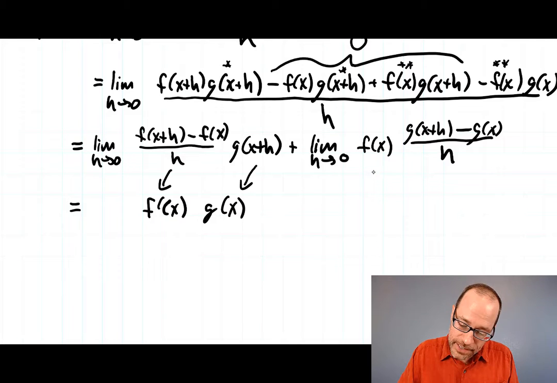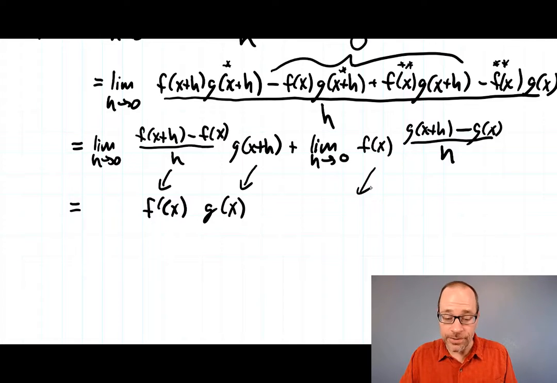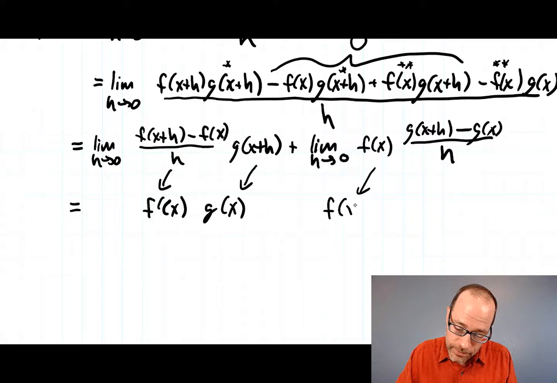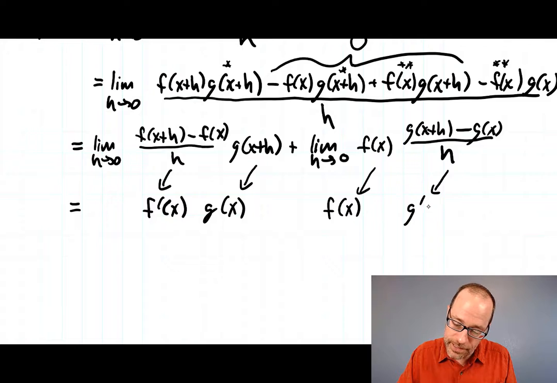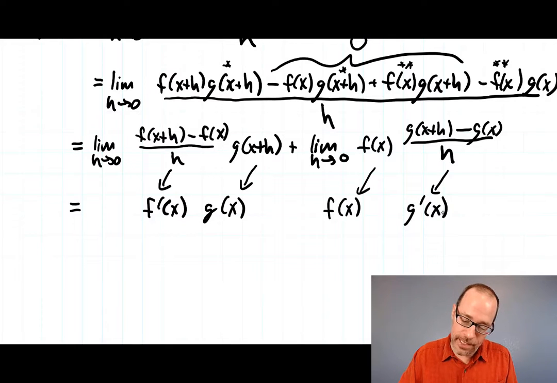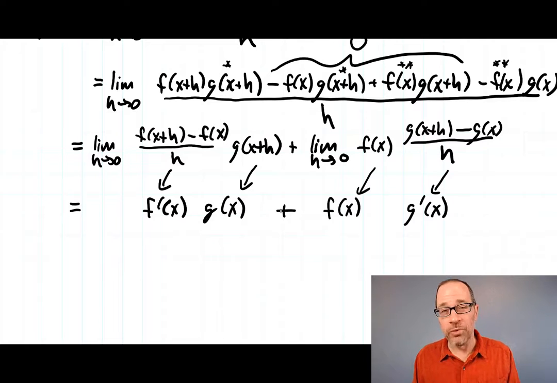Now f of x is a constant as far as h is concerned, so it pulls outside of the limit sign. There's no h there. And then what's left, the limit of this, is the difference quotient for g, so that converges, by definition, to g prime at x. And so that is why the product rule works. All right, that's it.